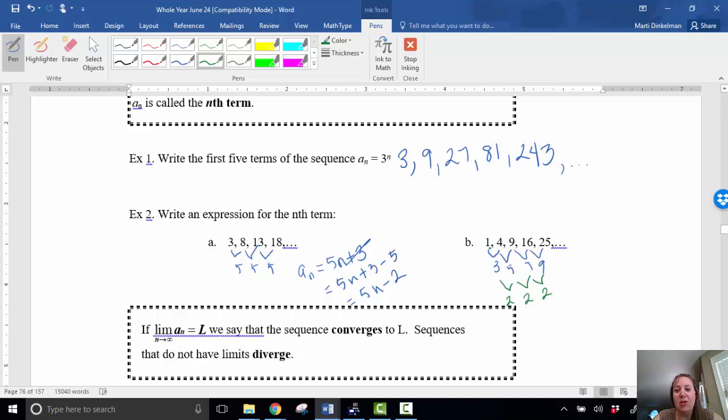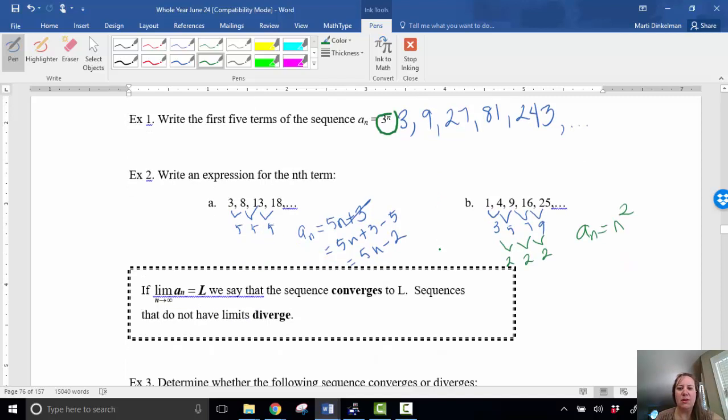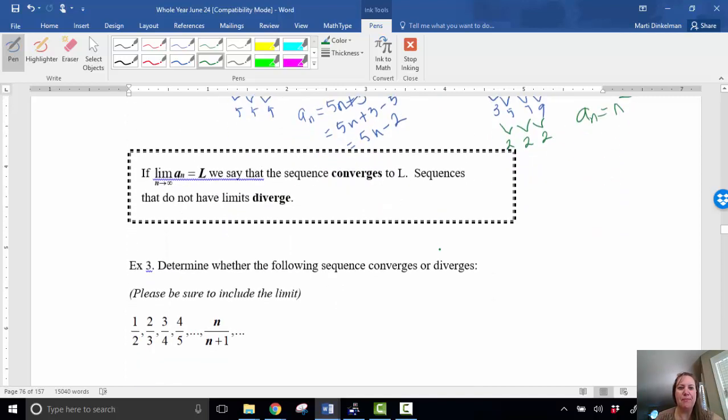It looks to me like it literally is just n squared, because 1 squared, 2 squared, 3 squared, 4 squared. But again, I wanted to have that second differences conversation with you. So lots of things to check out. Don't forget about having a base with an exponent being the n, and all the different kinds of things when you're doing this homework assignment.